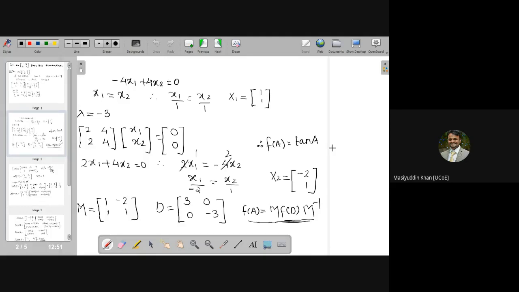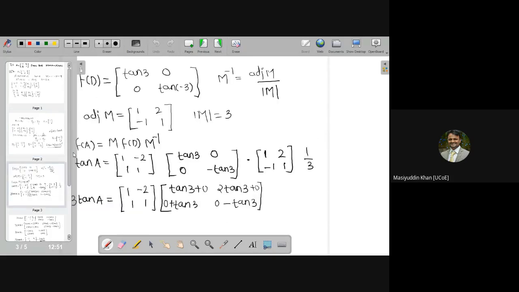Anyone any more doubts regarding this problem? Now see the third page.